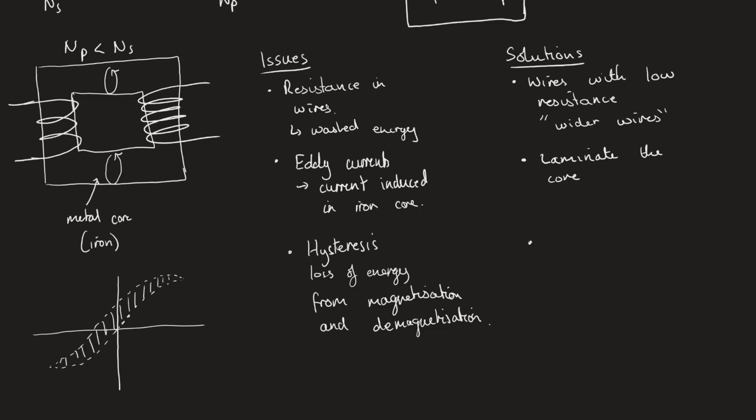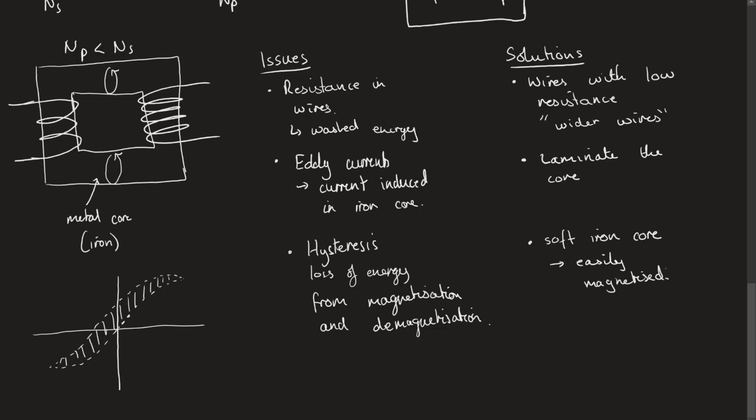It's kind of impossible to completely prevent us from having magnetization and demagnetization of the iron core, but it is possible to reduce the amount of energy needed to magnetize and demagnetize it. And so what we do is we, instead of having an iron core, we have a special alloy that just makes this a little bit softer. So soft iron core, because this is easily magnetized and demagnetized.